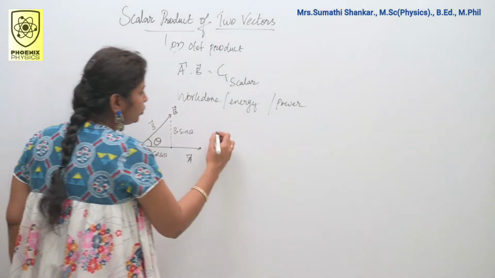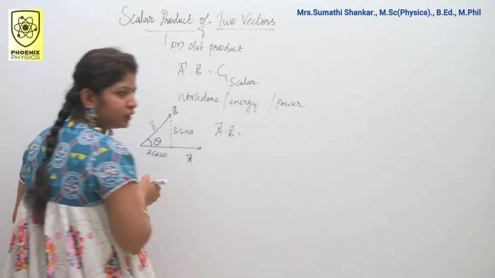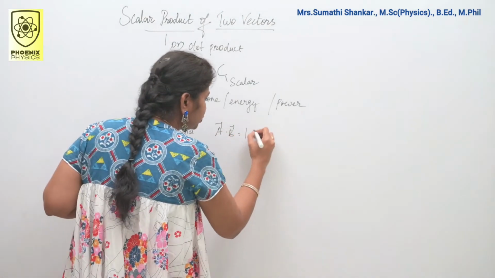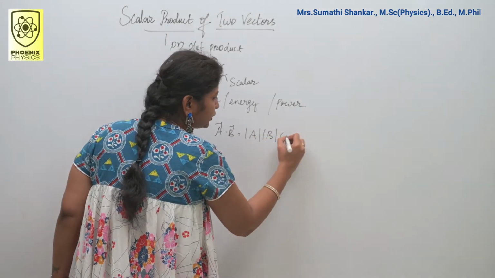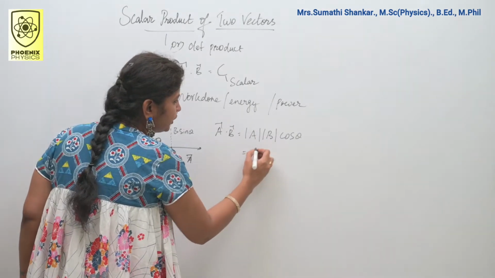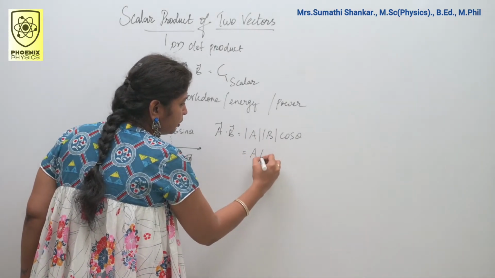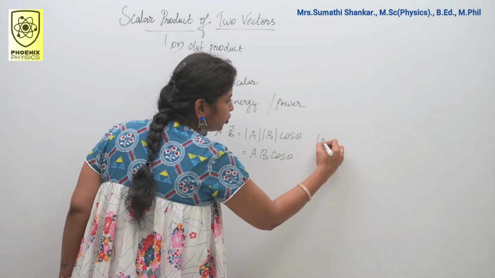Then how do you write A dot B? A dot B is nothing but the magnitude of A, the magnitude of B and cos theta. This AB can be written as AB cos theta. What is this modulus of A?